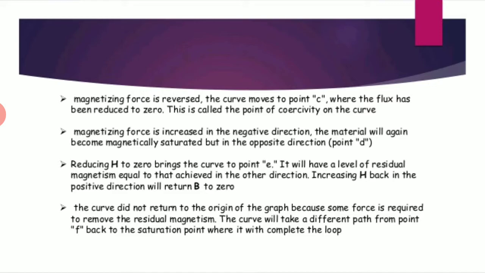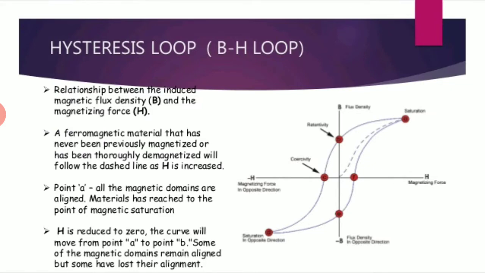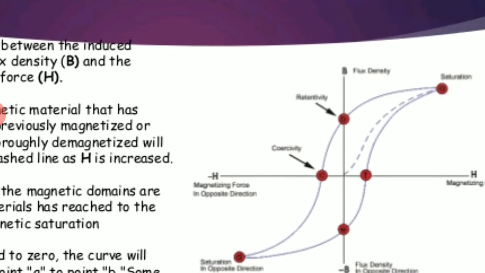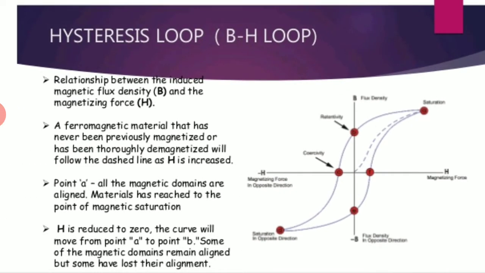This is called the point of coercivity of the core. At this point C, your magnetizing force is in the reverse direction, but the magnetic flux density is zero. This point is called the point of coercivity.